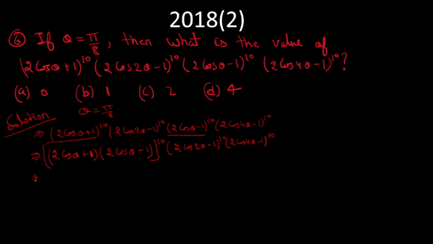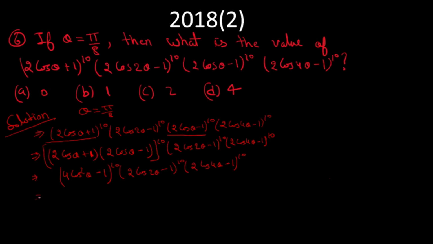I apply a plus b, a minus b, so here we get (4 cos square theta minus 1) power 10, and (2 cos 2 theta minus 1) power 10, and (2 cos 4 theta minus 1) power 10.